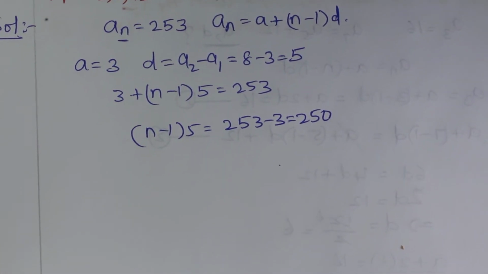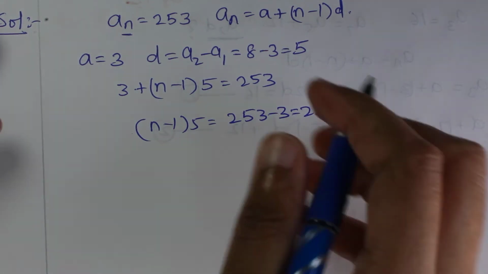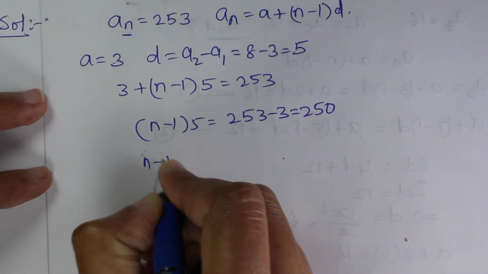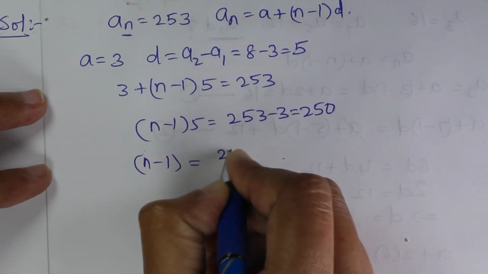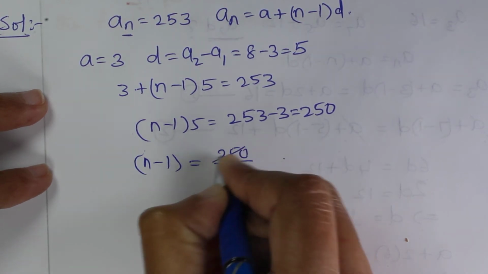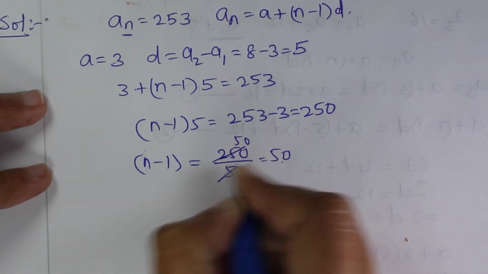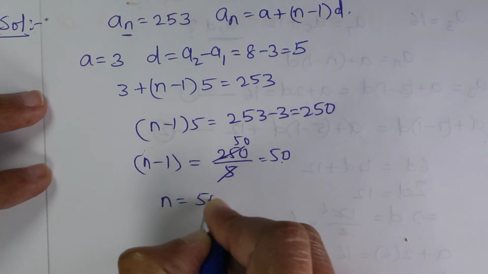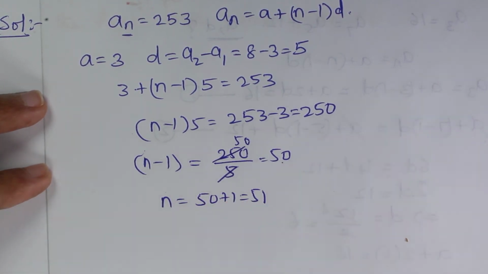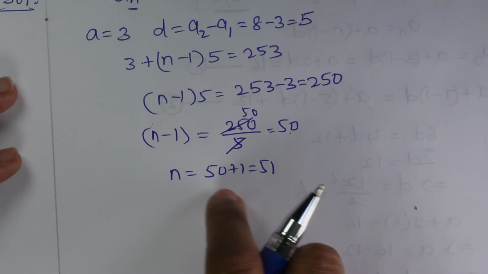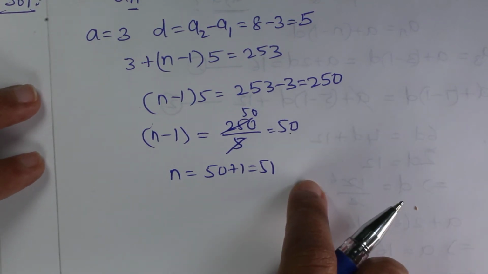Now n minus 1 is equal to 250 divided by 5. 5 tens are 50, so n minus 1 is 50, and n is equal to 50 plus 1, that is equal to 51. So how many terms are there in this series? There are 51 terms in this series.